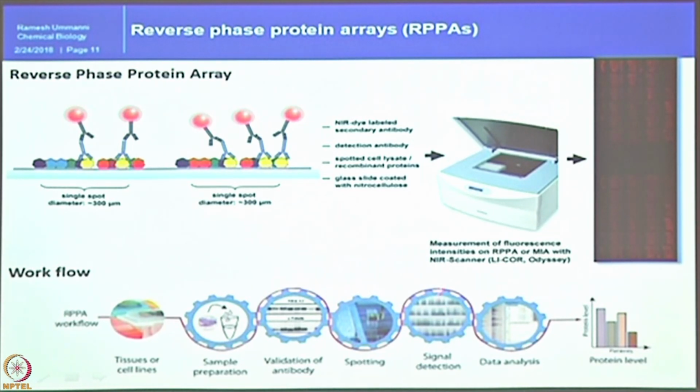Then spotting pattern, spotting methods, signal detection methods, how different methods are advantageous over one another, and finally data analysis and what kind of data we see. I will show 1 or 2 examples of how we generated the data and how they are useful in literature.